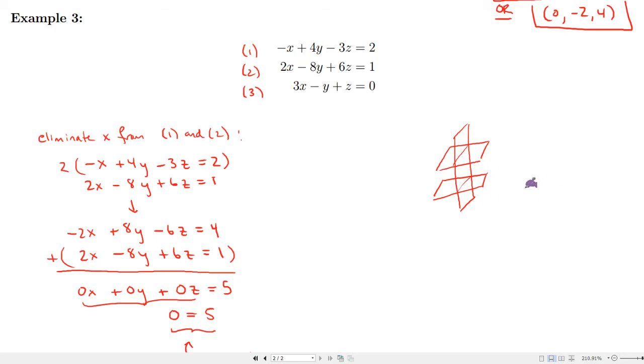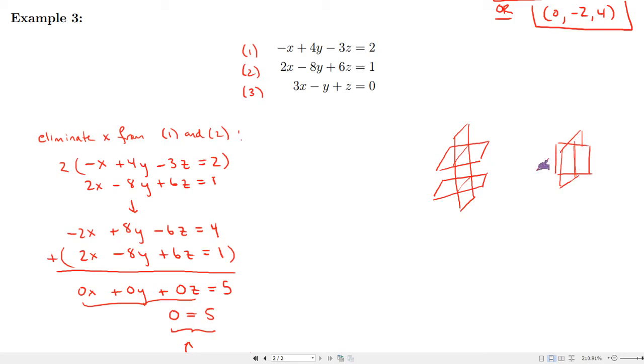Okay, when you have a nice situation, you don't want this to happen. If you want a single solution, you would have a plane for each equation, and let's say that here's another plane, right? And they intersect along that line.